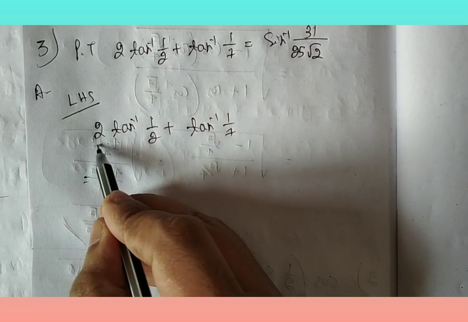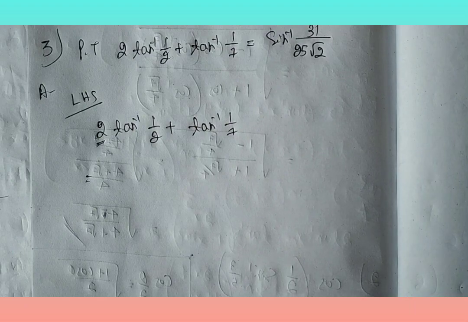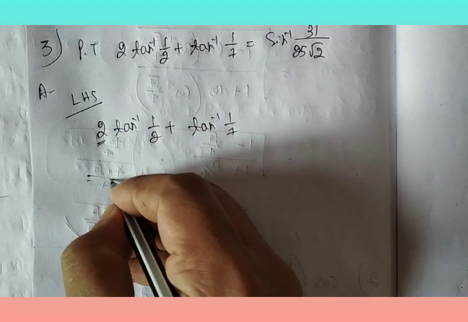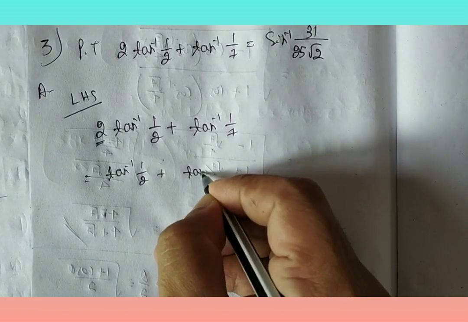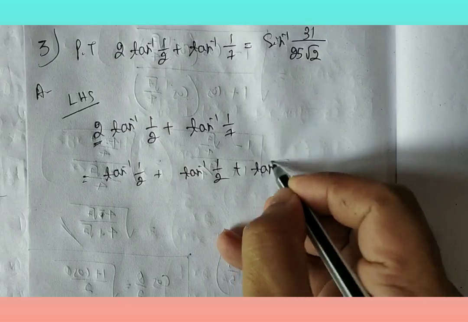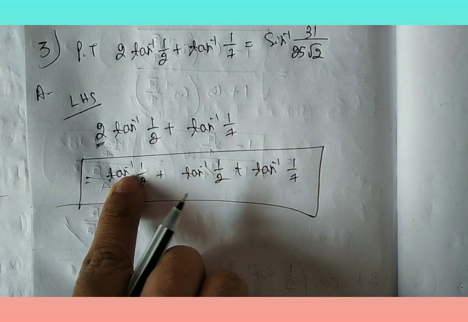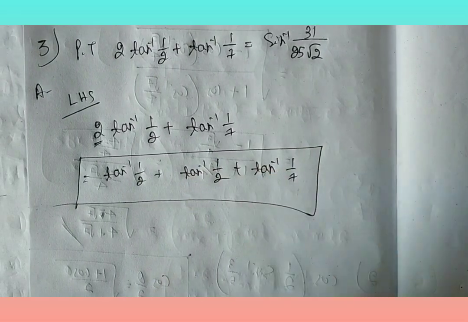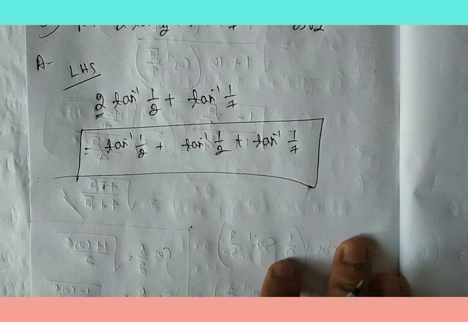But here the number 2 is there, so we cannot apply type 6. If you want to apply type 6, then we have to write tan inverse 1 by 2 plus tan inverse 1 by 2 plus tan inverse 1 by 7. Then we can apply the type 6 formula for tan inverse x plus tan inverse y plus tan inverse z. Or otherwise we can apply type 7.